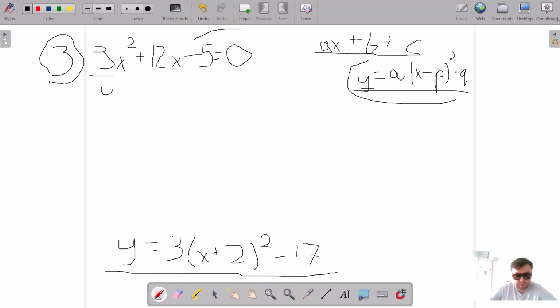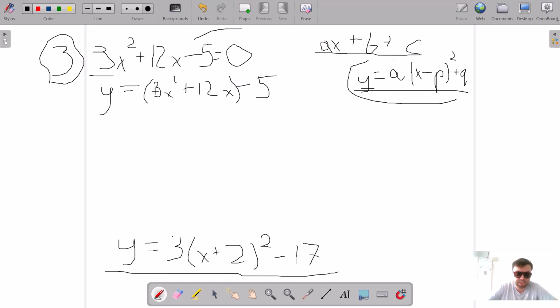So first we write like this: y equals 3x squared plus 12x minus 5. So we will group these terms. These are the quadratic terms. We write them in brackets and we leave this last term.